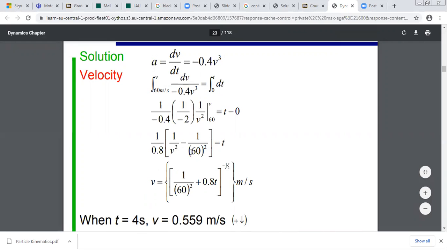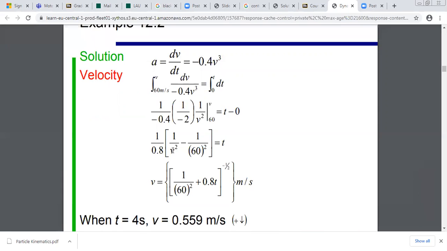Here they rearranged terms, they have taken all other terms to the other side, and to find v, you have 1 over v squared, which is v to the power minus 2. To get v you should raise to the power minus 1 over 2. So when you do 1 over v squared to the power minus 1 over 2, you get v. Okay, so we got v as a function of time.